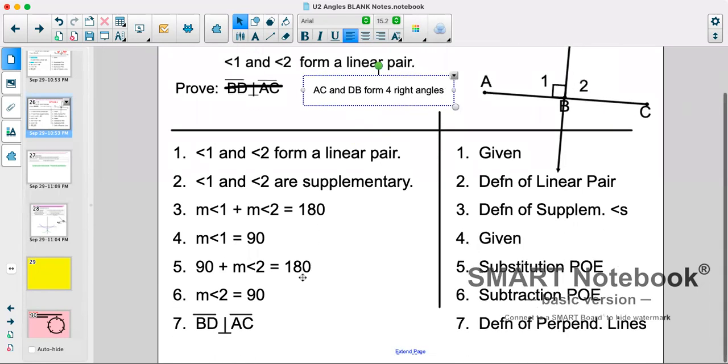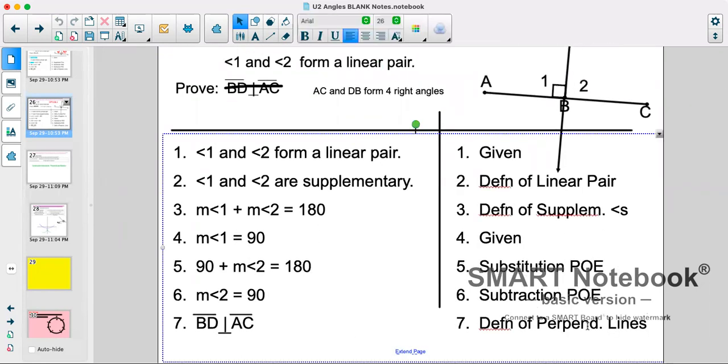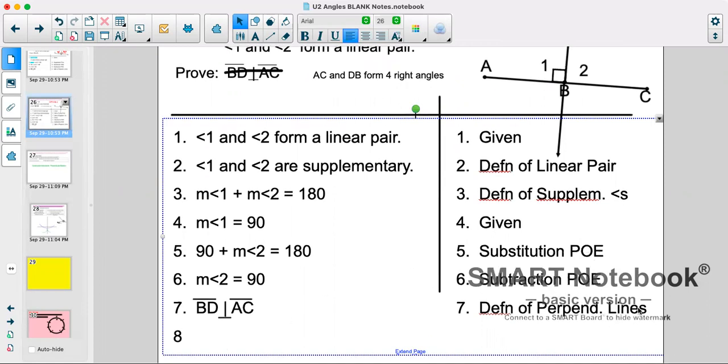Then we would have to come down here and we would have to say, you know, everything that we did is perfectly fine, but then our last step would have to say AC and DB form 4 right angles. Why?